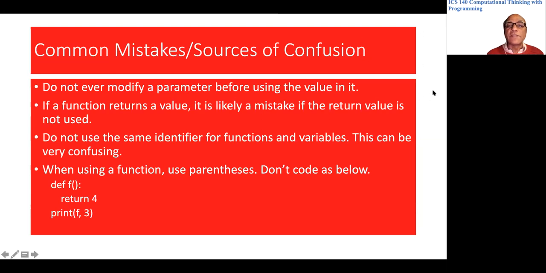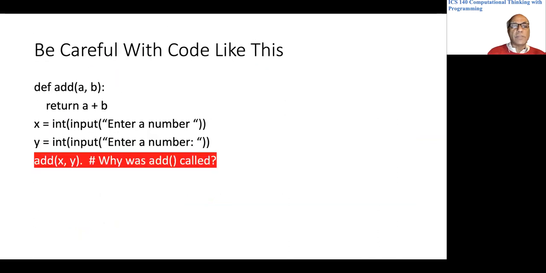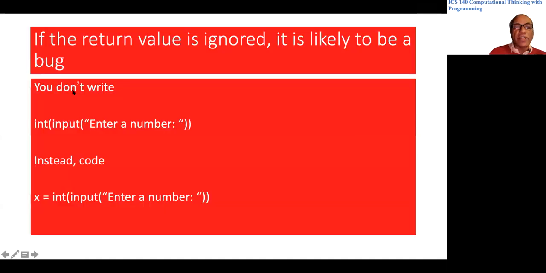The first thing is, do not modify a parameter before using it in your functions. What do we mean? Okay, let's take some examples. For example, here is a function.